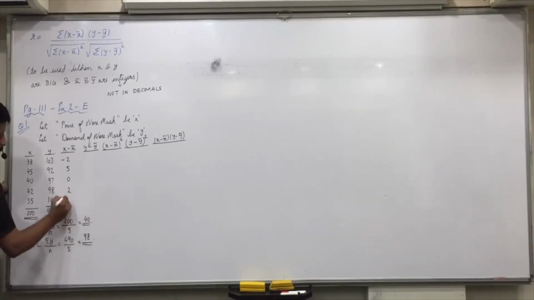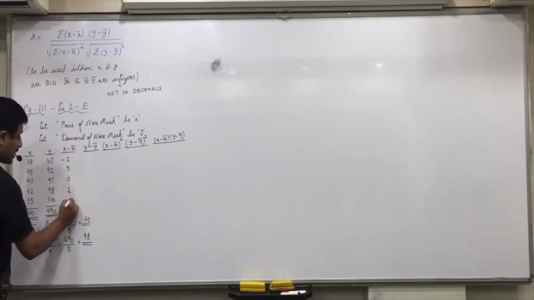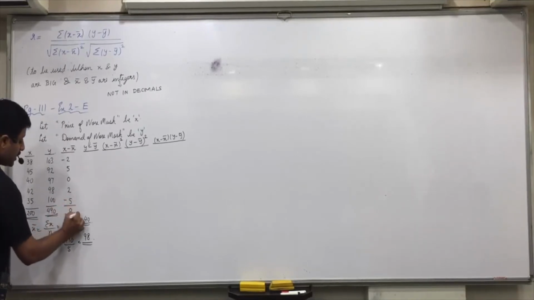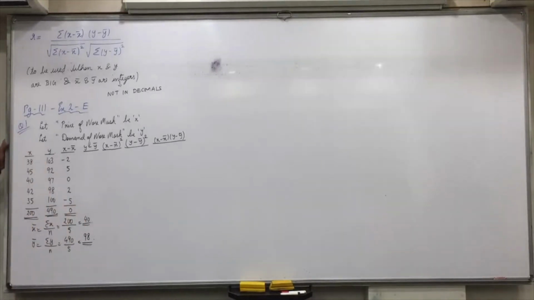And 35 minus 40 is minus 5. The total must always come 0. This we studied last year in arithmetic mean, one property: the sum of deviations of all observations from the arithmetic mean is always 0. If it does not come 0, you have made some mistake.